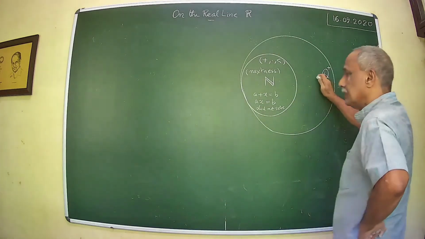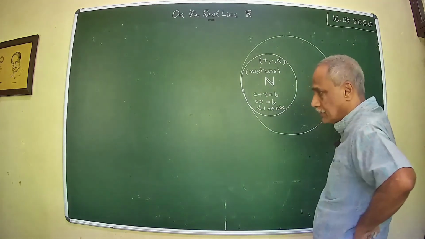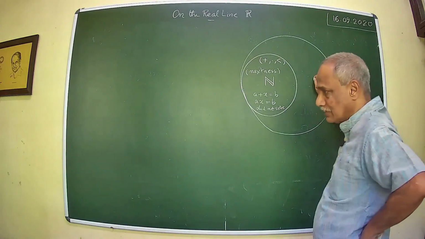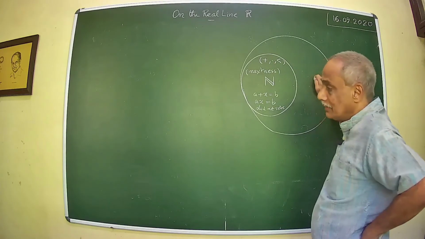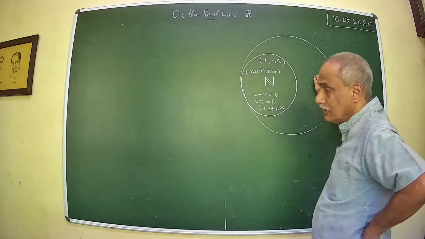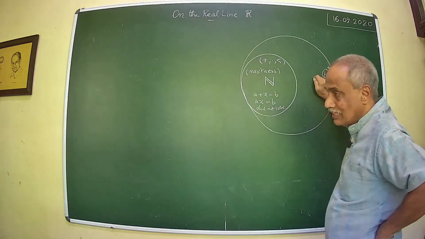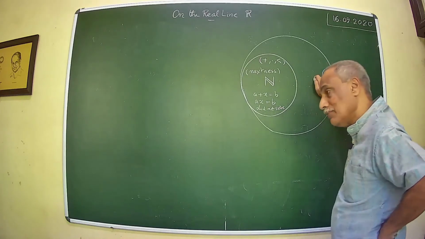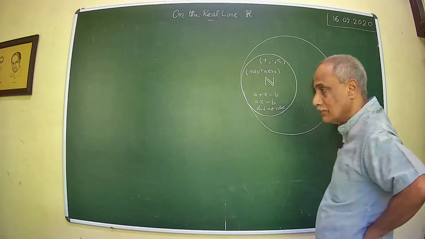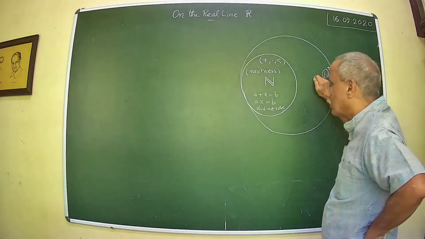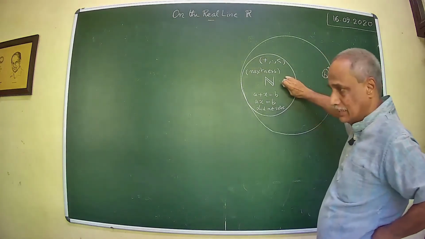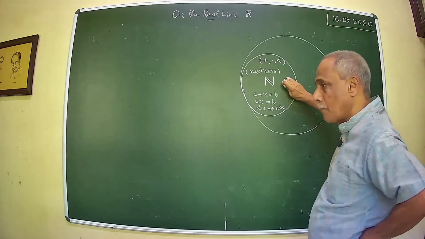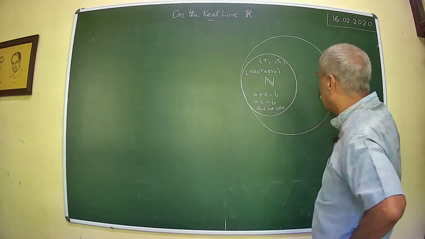Then we extended this to Q plus. What we did was we looked at the fractions. We went to N cross N, defined an equivalence relation, and using that equivalence relation, we got several new objects. And we could also rediscover these natural numbers within that. That was possible. So this was embedded in Q plus.